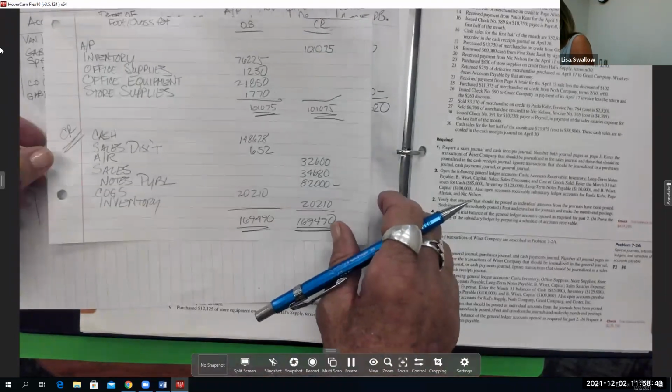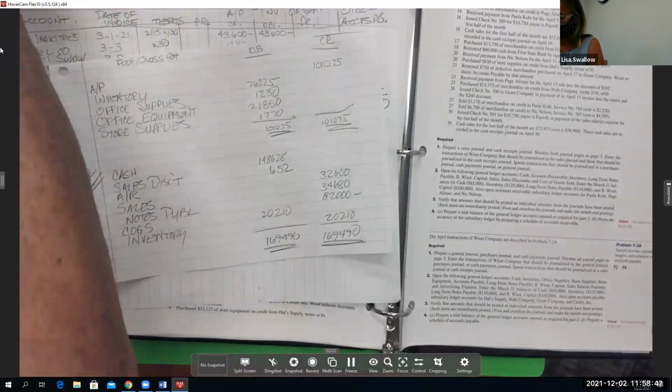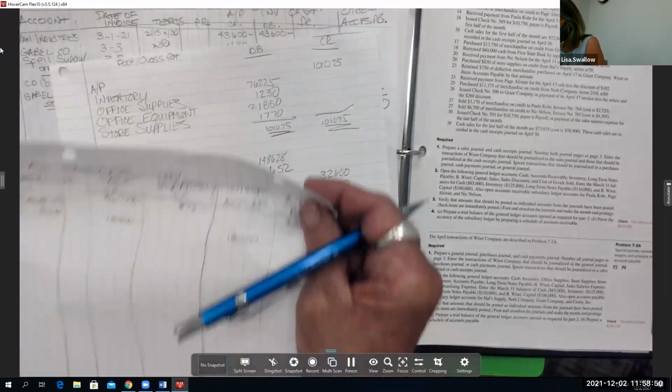Okay, got the cash receipts. Cash payments, there's not very much going on.